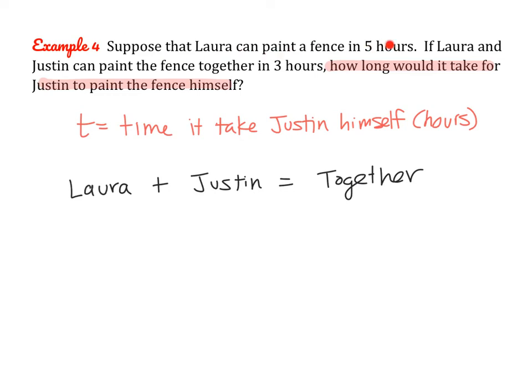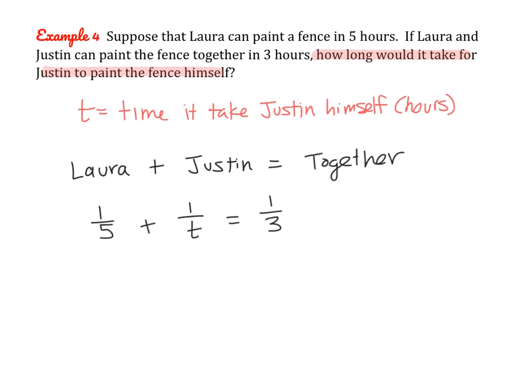So if it takes Laura 5 hours to paint a fence, in 1 hour she can finish 1/5 of the job. If it takes Justin t hours to paint the fence, in 1 hour he can finish 1/t of the job. And if it takes them 3 hours together, in 1 hour together, they have finished 1/3 of the job.